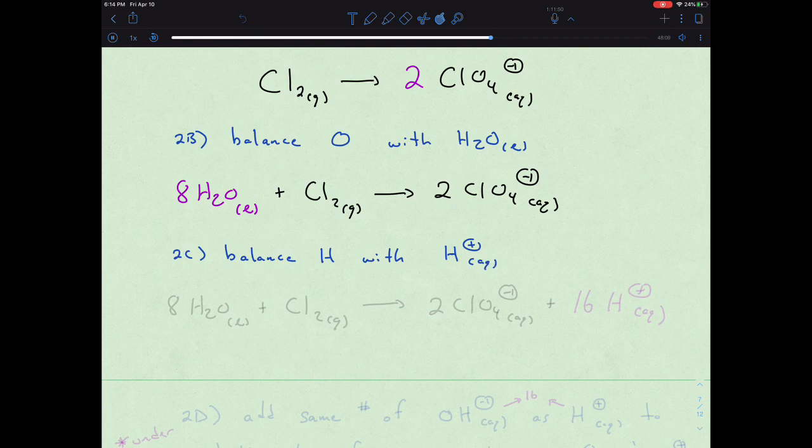So from the 8 H2Os, that was really the addition of 16 hydrogen atoms. And so that is what we would now have on the product side.